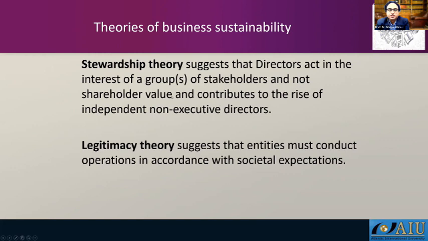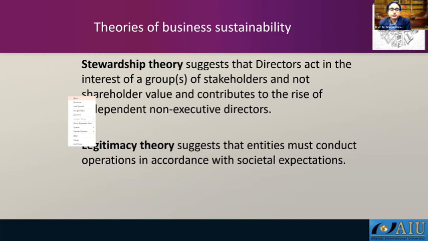The legitimacy theory suggests that entities must conduct operations in accordance with societal expectations. For example, if I live in a community, and I come to learn that there is a new chemical plant being opened in my area, contributing a lot of carbon emissions and other dangerous gas emissions, and if I report to the authorities, obviously nowadays the environmental laws have become so strict that they'll shut down the factory.